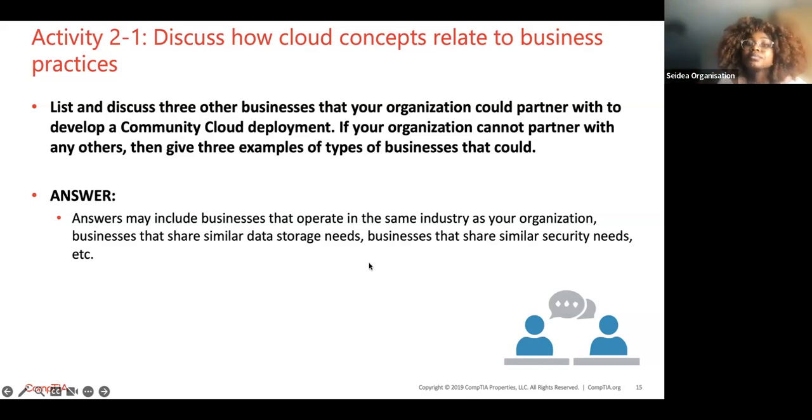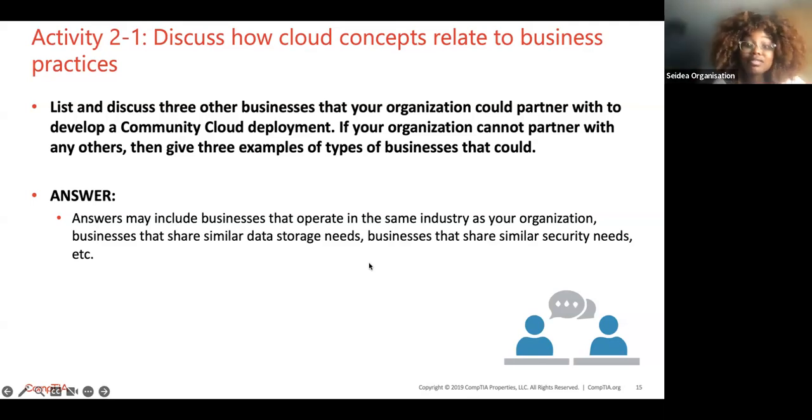So when we're looking at community cloud deployment, I think you can understand it in 3 points. First, is it in the same industry? Are the businesses in the same industry? 2, do they have similar data storage needs? And 3, do they have similar security needs? Those are the 3 main points.